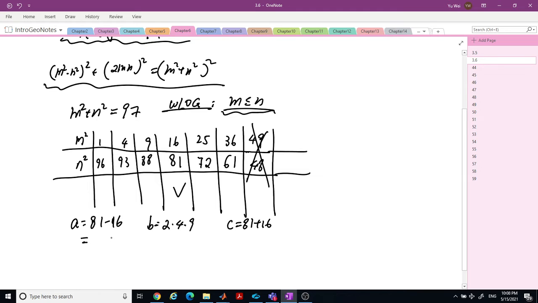So the first is 65, this is 72, and this is 97. Okay, so the Pythagorean triple is 65, 72, and 97.